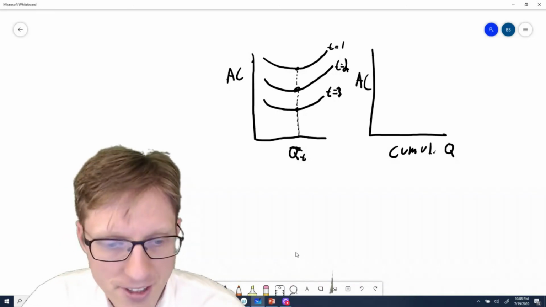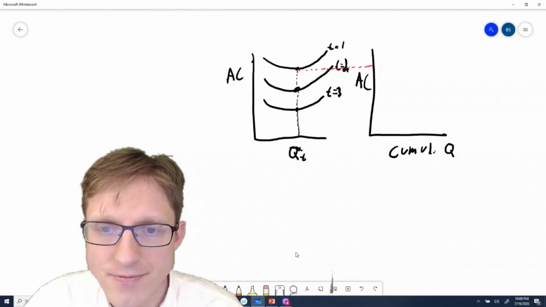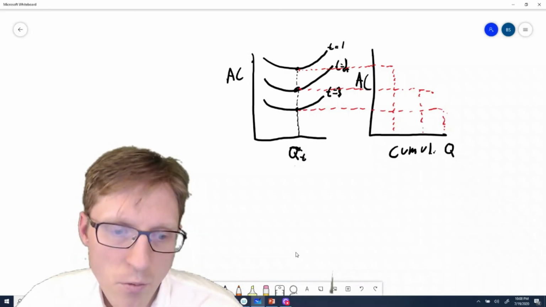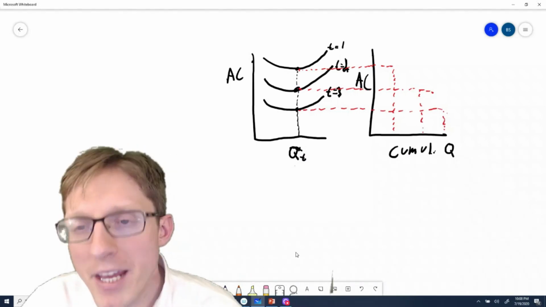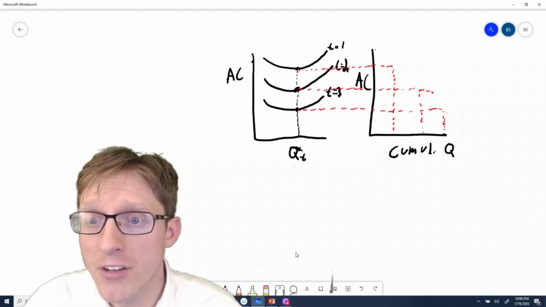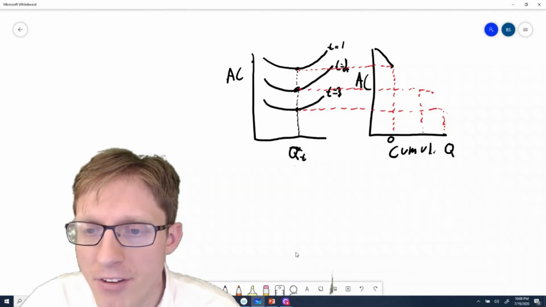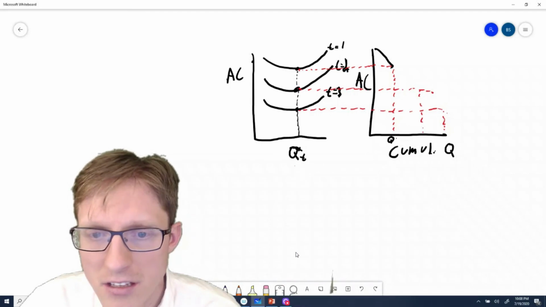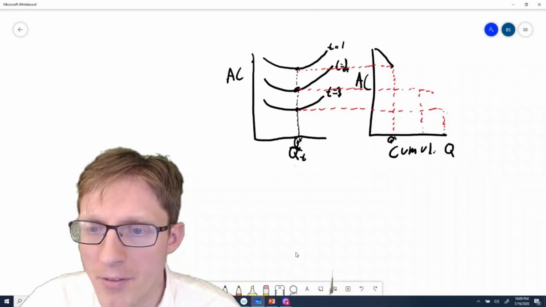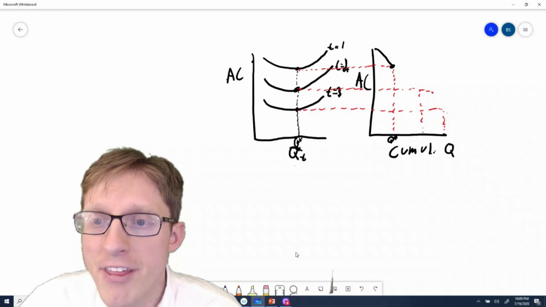We can then trace this over to this other graph. What we're showing on this graph is the minimum average cost. That is, if they try to choose a level of output that would minimize average cost, it's showing what that would be. And we can see that by the time they've produced, let's call this quantity here Q star units, the amount that minimizes the average cost in a given period, they've learned to make it a little bit better.